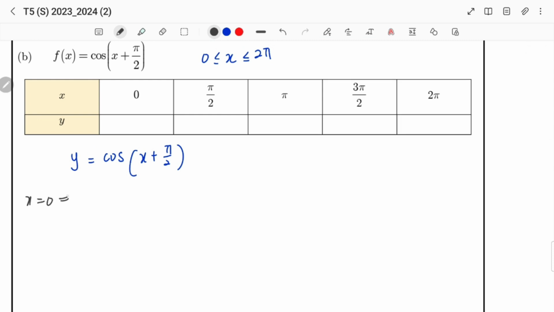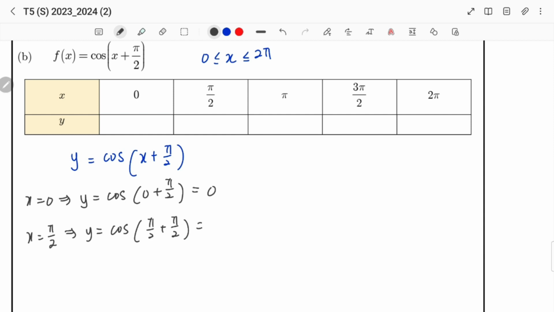So, when x equals 0, y equals cos(0 + π/2), which is 0. And then when x equals π/2, our y is cos(π/2 + π/2), which is −1.